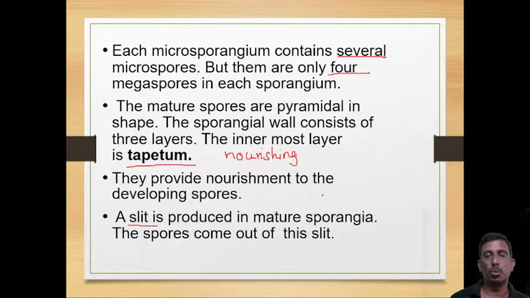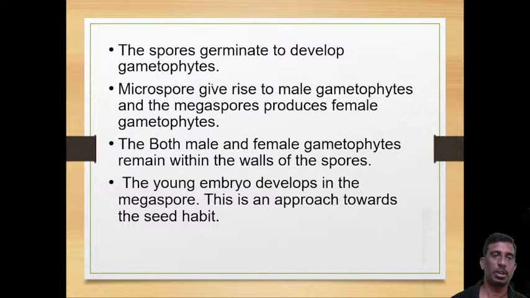Slit means a pore is formed in the sporangium for release of spores. Spores will come out from this slit. These spores will germinate and develop into gametophytes. Microspores will develop into the male gametophyte and megaspores will develop into the female gametophyte.